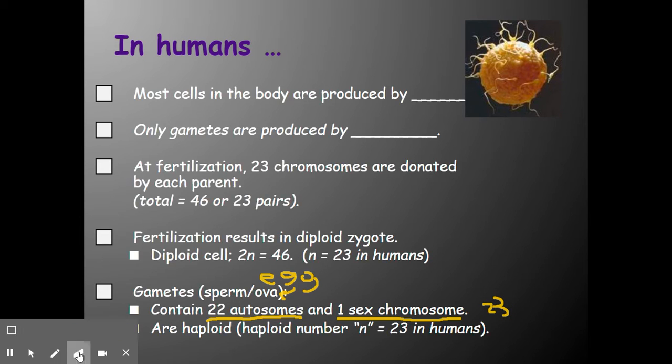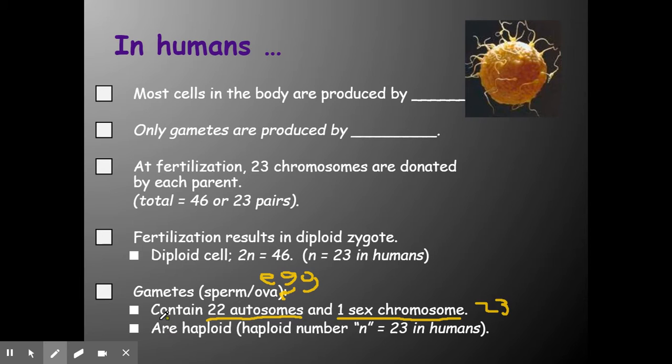That's where your 23 comes from, 22 plus 1. Autosomal refers to normal body chromosomes, and 1 sex chromosome.